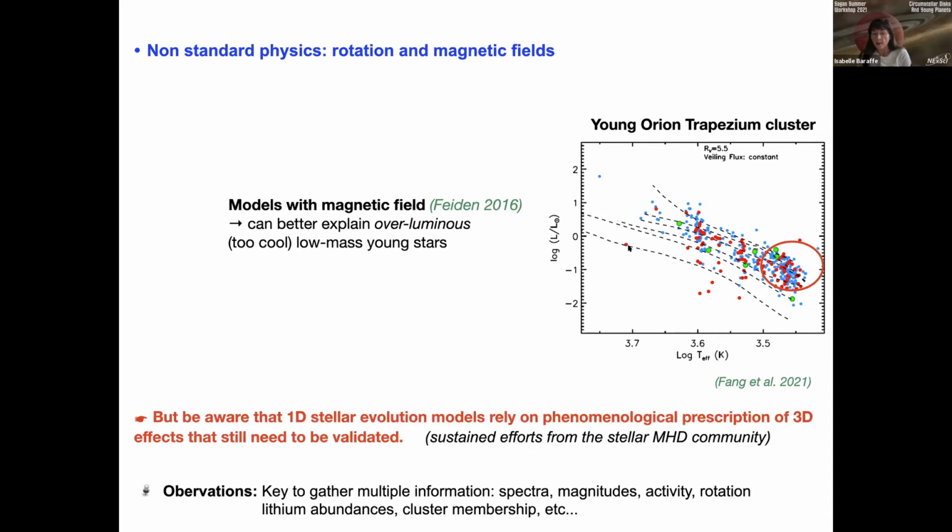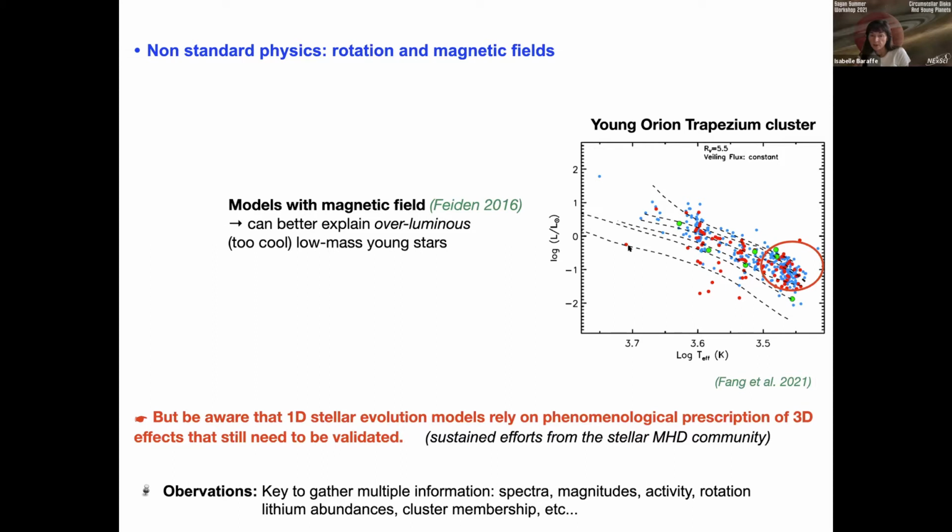Yes, certainly. But the problem is that we have to be aware that those 1D stellar evolution models rely on phenomenological prescriptions of 3D effects in the interior, which are extremely complicated and still need to be validated. So there is a sustained effort from the current stellar MHD community, and I think we still have to be a bit patient to learn more about what the magnetic field is doing to the interior structure of low mass objects.